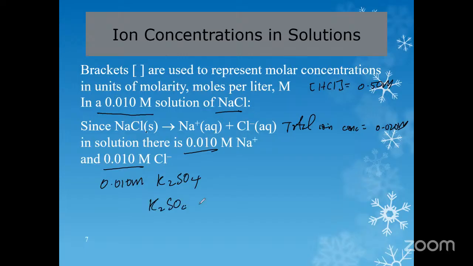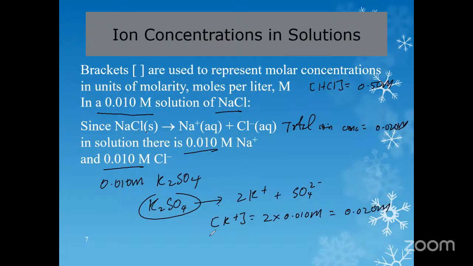When that dissociates, you're going to get 2 potassium ions and 1 sulfate ion for every potassium sulfate unit that dissociates, right? So basically, we can say that the concentration of the potassium ion would be equal to 2 times the concentration of the potassium sulfate initially, so that would be 0.020 m, and the concentration of the sulfate, because of the 1-to-1 ratio between those two, would be 0.010 m.